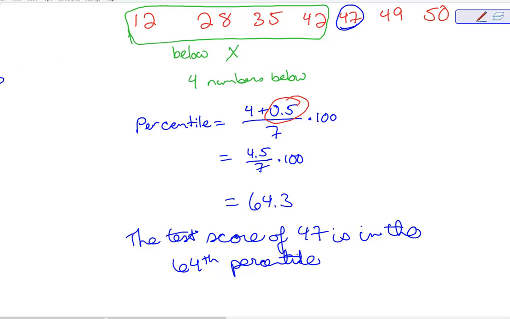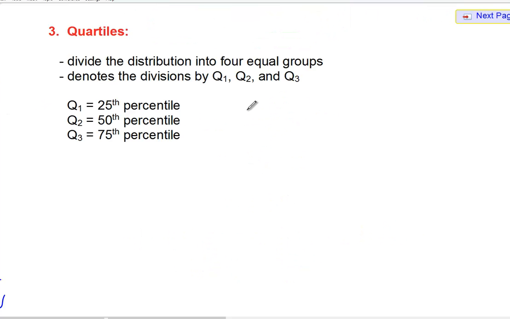Another type of position that we measure is looking at quartiles. Instead of percent and percentiles where we break it up into 100 parts, in quartiles we break it up into 4 even parts. And the divisions are designated by these Q1, Q2, and Q3.